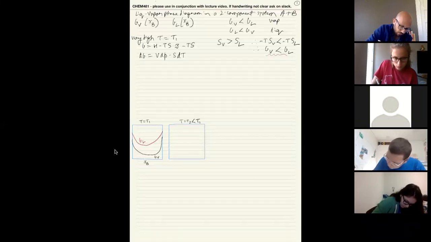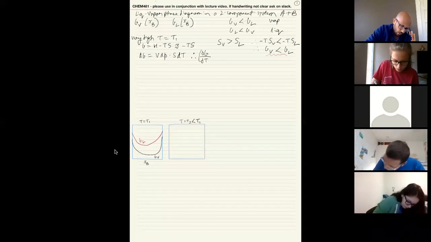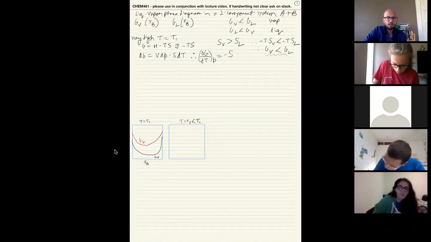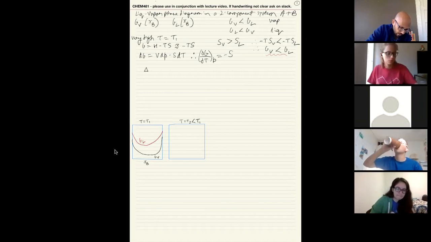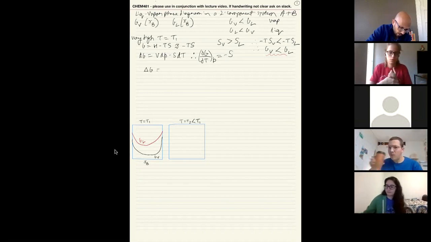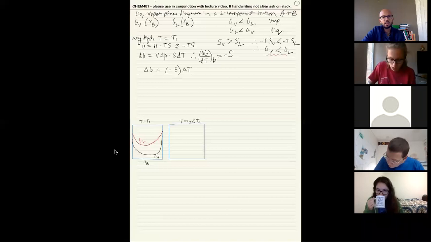Therefore, partial G by partial T at constant P is equal to minus S, right? Why is this relation very important? Because this tells us that delta G, the change in free energy corresponding to a change in temperature delta T, is going to be given by this relation.